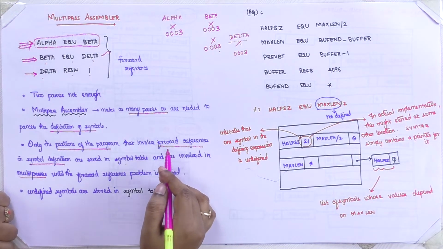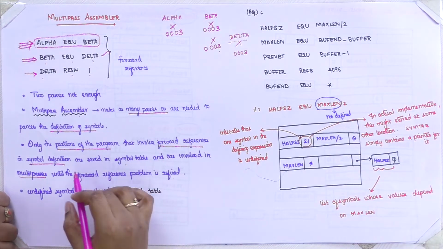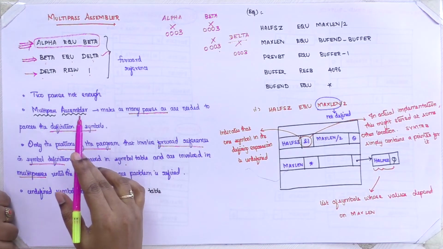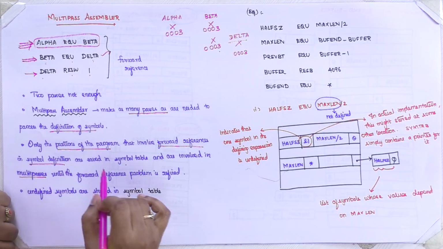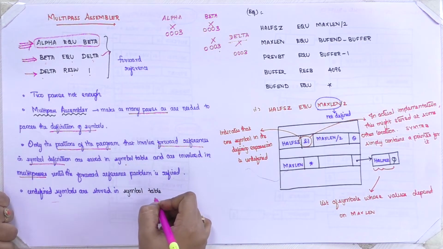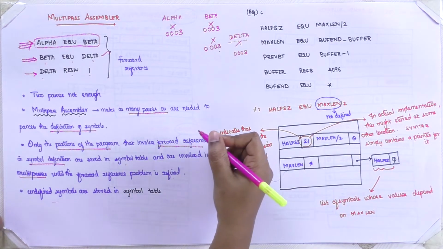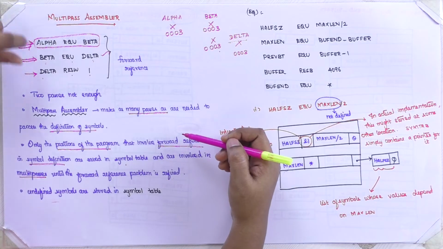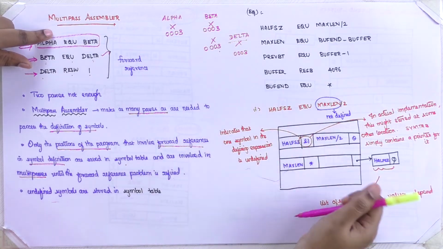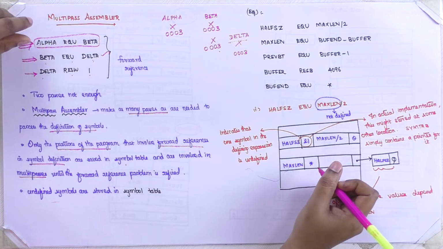Only those portions will undergo multiple passes until all the labels, all the symbols in the program get resolved. So undefined symbols are usually stored in a symbol table. Now let us take a typical program for multi-pass assembler and let us see how the symbol table is created while encountering each and every pass.